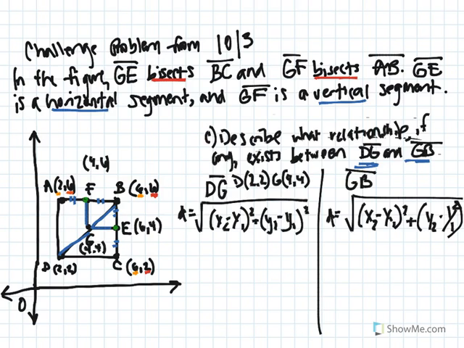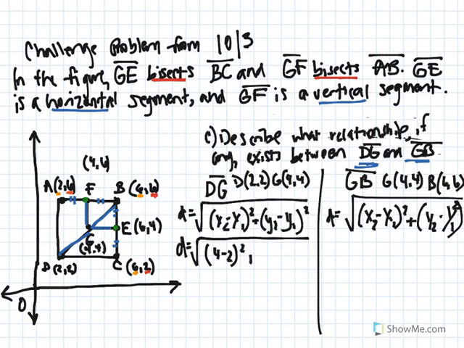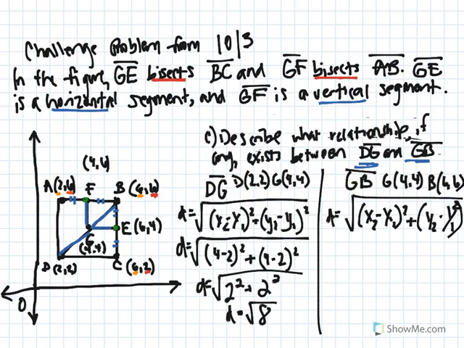And then over here, G is 4, 4, and B is 6, 6. Okay, so I'm just going to plug these numbers into the formula. I get distance equals the square root of x2 is 4 minus x1 is 2 squared plus y2 is 4 minus y1, which is 2 squared. I get distance equals the square root of 2 squared plus 2 squared. 2 squared is 4, so 4 plus 4 is 8. Distance equals the square root of 8.